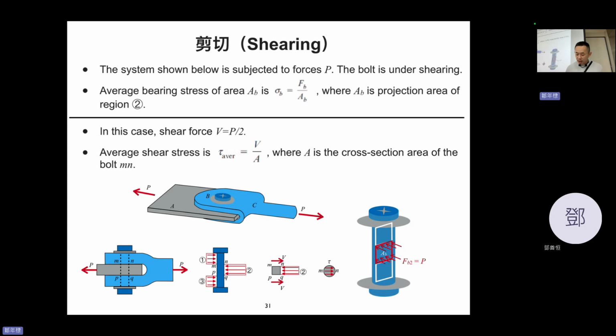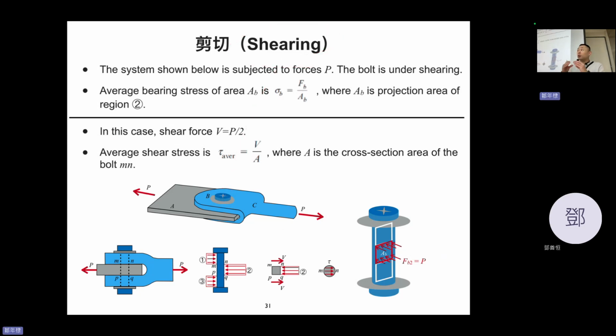Of course, there are two holes in the Y shape and one hole in the gray plate. Now let's take a look at how these two materials apply shear force and shear stress to the bolt. So we are considering shearing in the bolt.